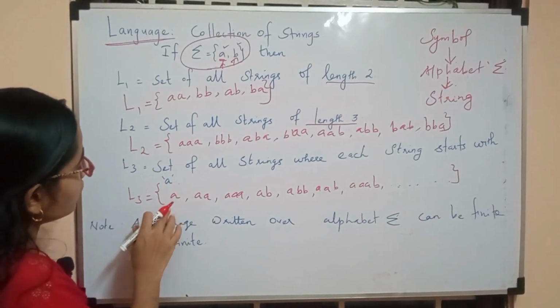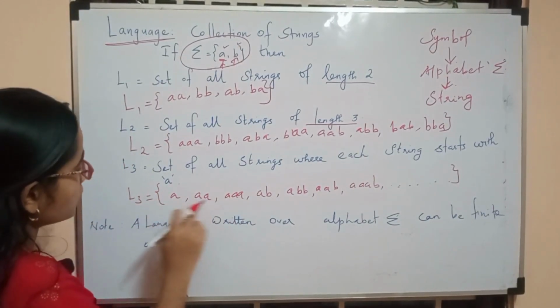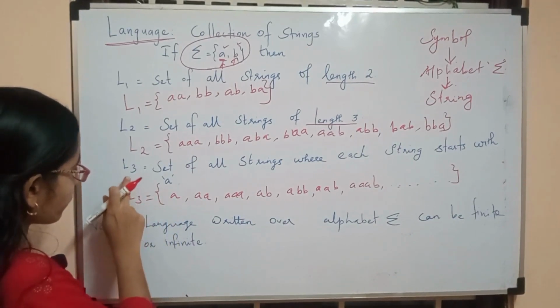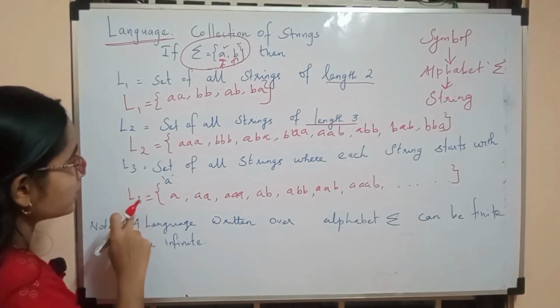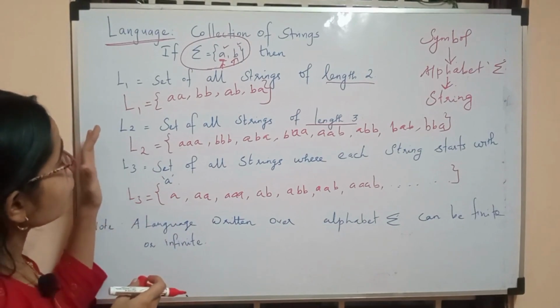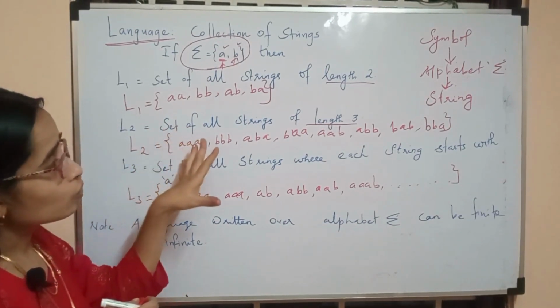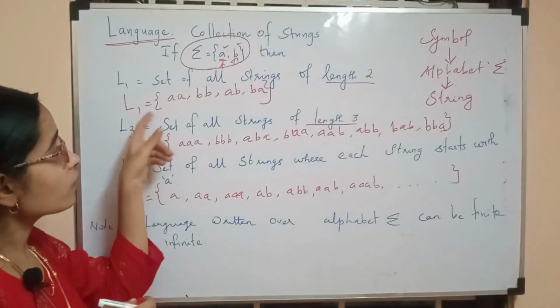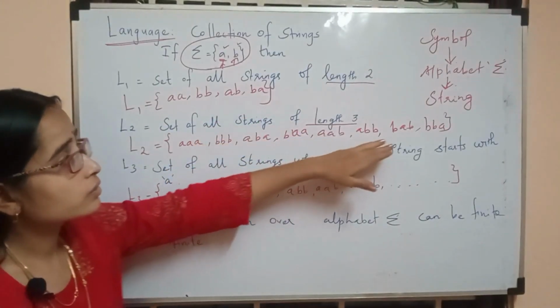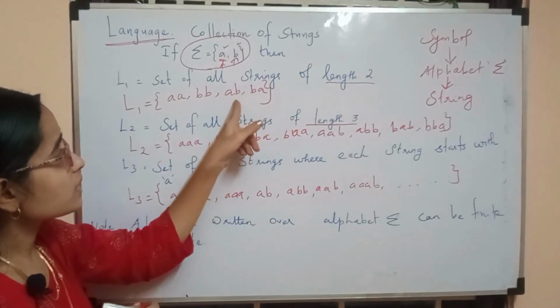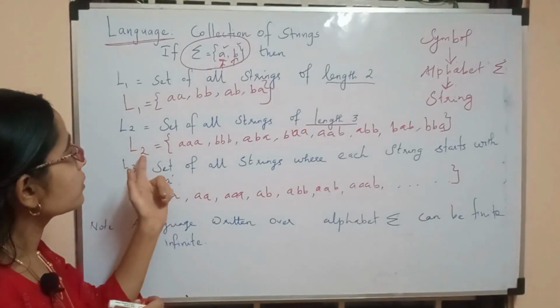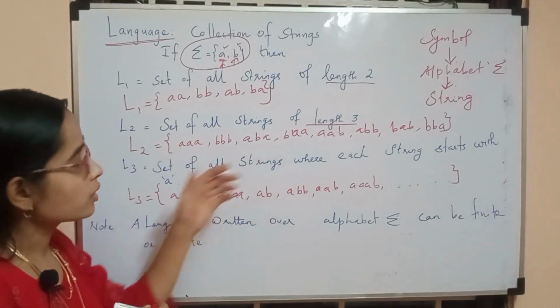So this is the set of strings, the language L3. If you notice now, we have three languages, L1, L2 and L3. L1 and L2 are finite sets. L1 contains only 4 elements, and L2 contains only 8 elements.